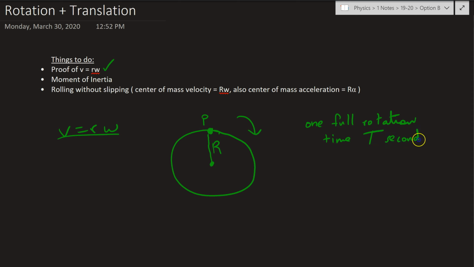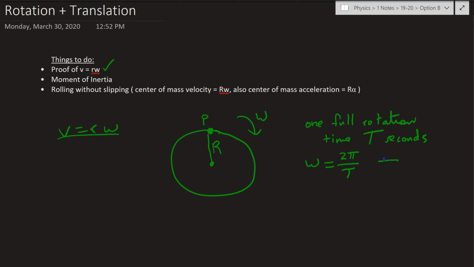So the time period is capital T. And if it has an angular velocity of omega, we could say that omega is 2 pi radians divided by t seconds, because it turned a full circle in t seconds. So the angular velocity would be 2 pi over t.